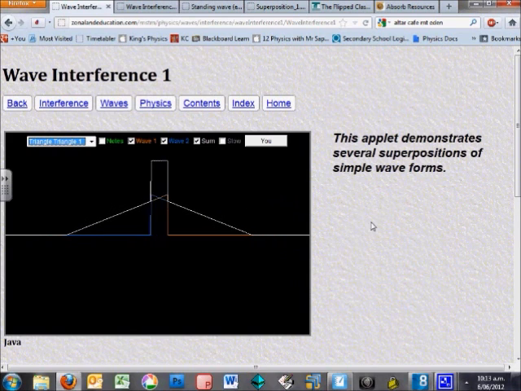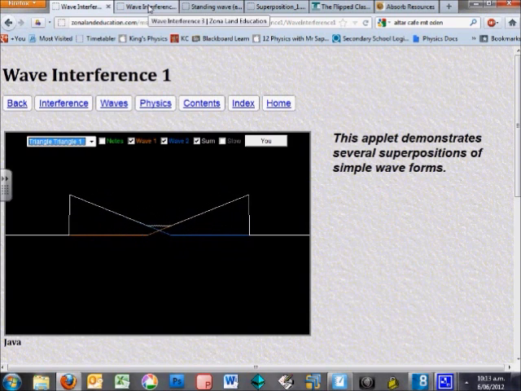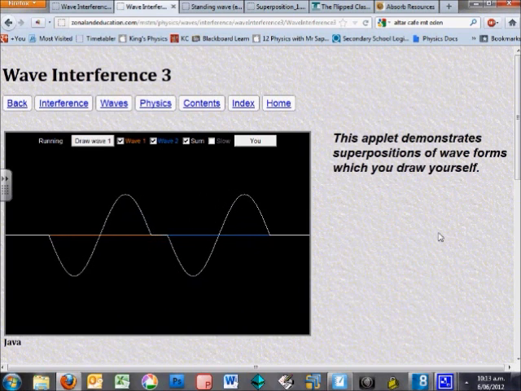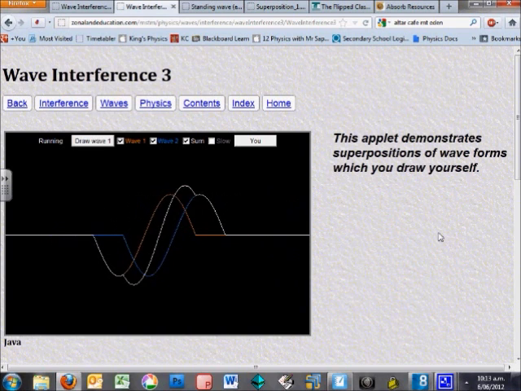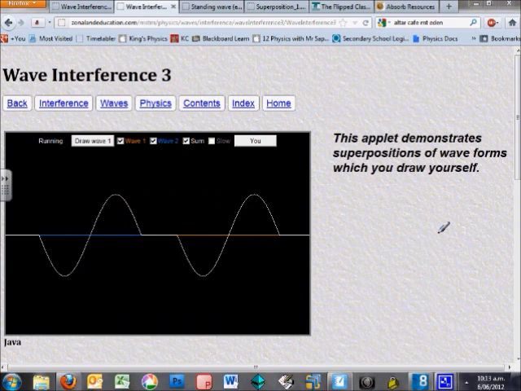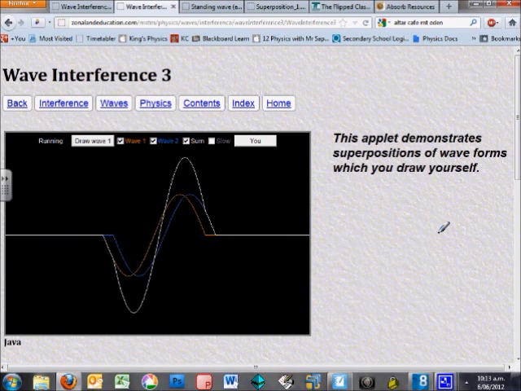Just flicking over to a different animation, it's interesting just to see what happens if two sine-shaped things come together. Looks a bit complex. So you've got two sine-shaped things passing along, and let's just keep it going a little bit longer.